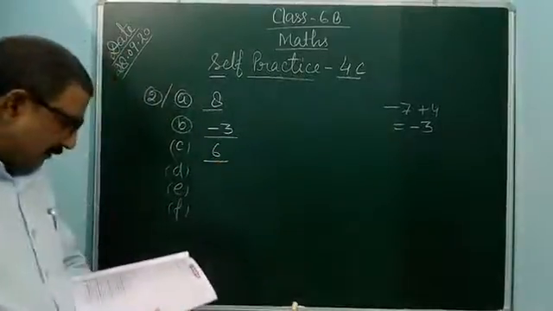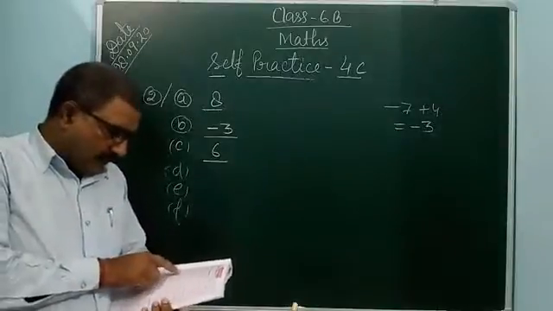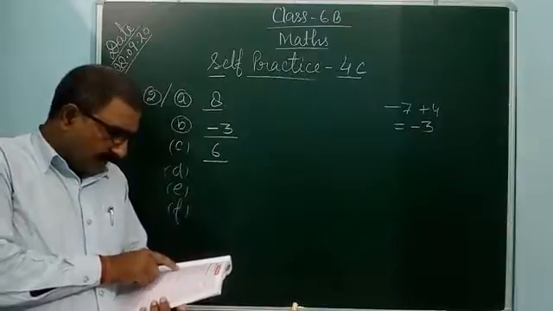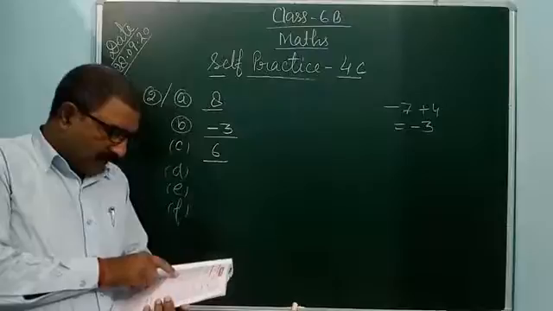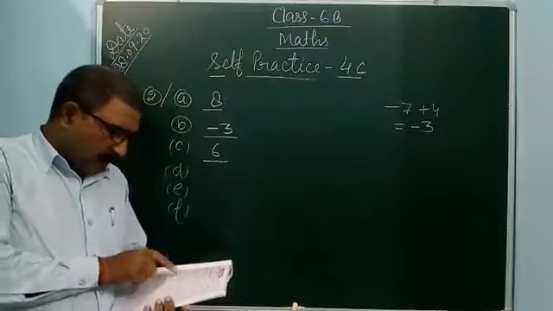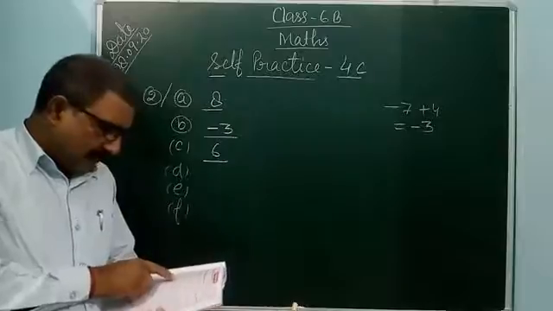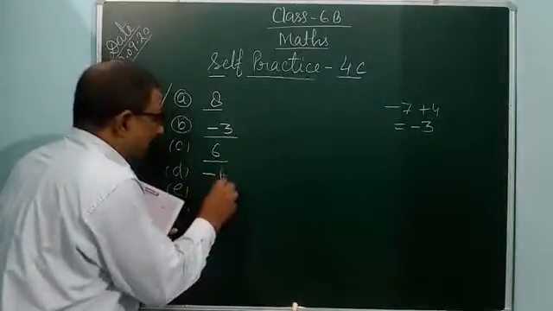You can write 6. D. Minus 7 plus minus 4. You can count all the gaps. Minus 7 means minus 11 to minus 4, and minus 4 means minus 4 to 0. So you can count this as minus 11. So minus 7 plus minus 4 is equal to minus 11.